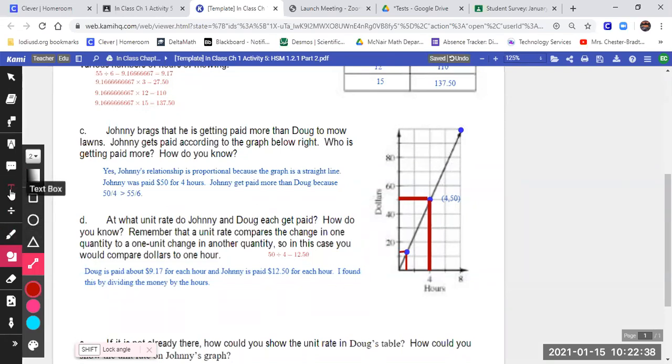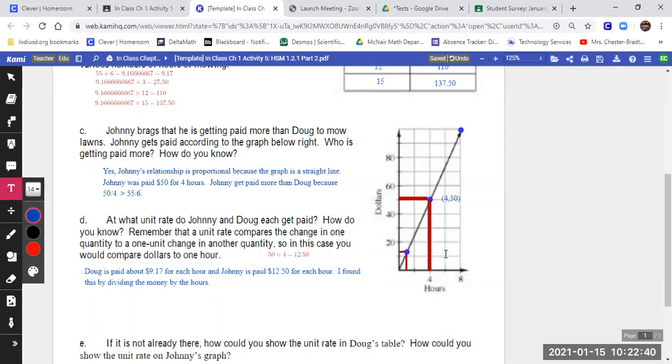How many hours were we talking about? Parentheses. How many hours were we talking about in this situation right here? 1 hour. So that's X is 1.